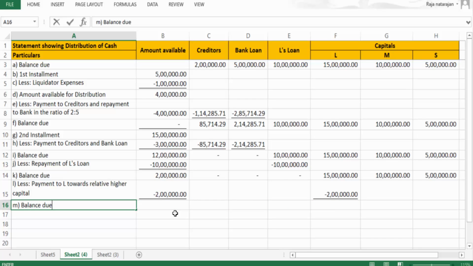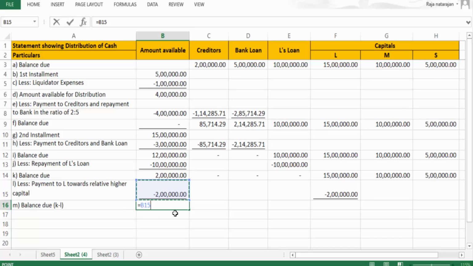What is going to be the balance due? Which is K minus L, and in this case it's going to be 0, right? 2 lakh minus 2 lakh, and only over here 15 lakh minus 2 lakh, it's 13 lakh, and this 10 and 5 continues.